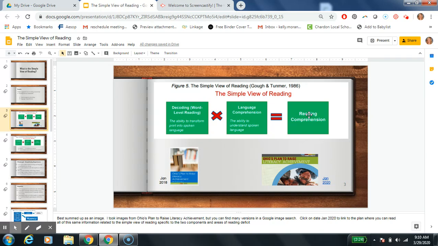This model was created by Gough and Tunmer in 1986. And if you really start to dig through and look up different peer-reviewed journals related to reading, their work and this view of the simple view of reading comes up in all of these different research articles related to the science of reading.